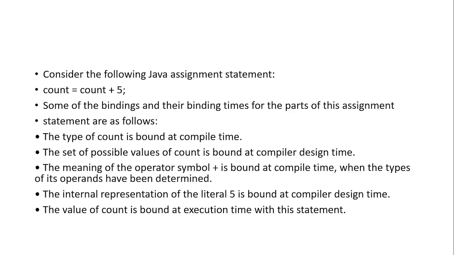The set of possible values of count is bound at language design time itself, because when you define a type for a variable, the range of values that data type can contain is fixed, set by the language developer.